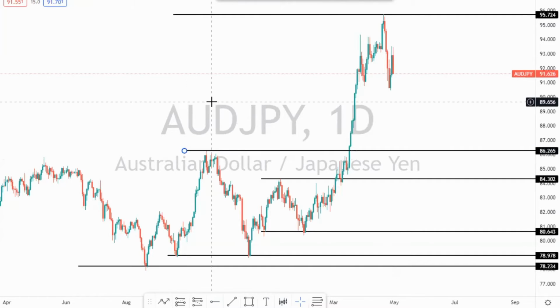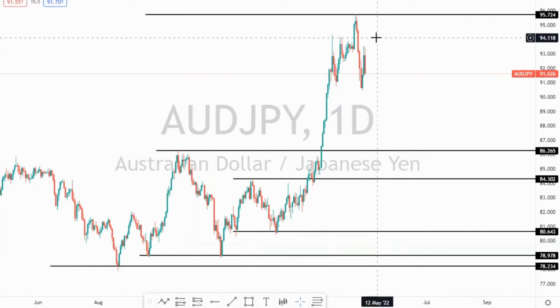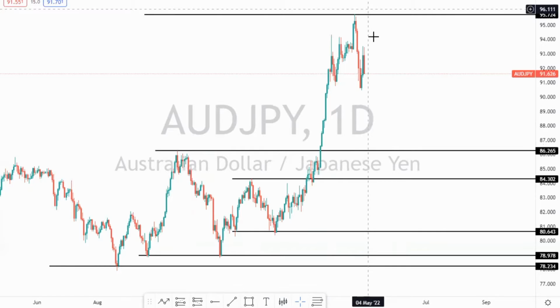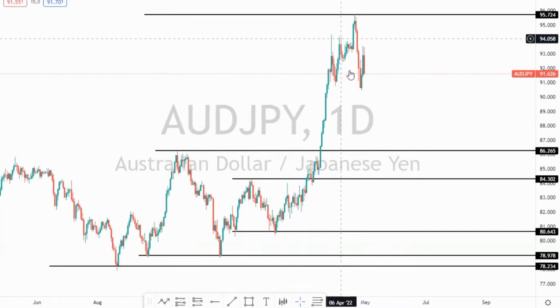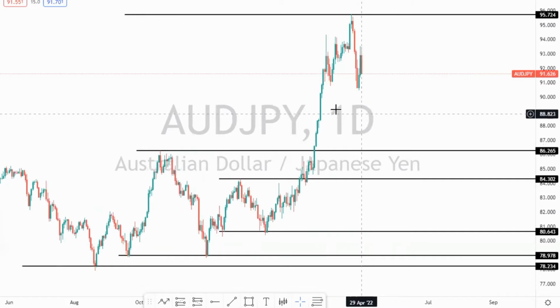So notice one thing: the market broke the highs that we had. So currently we have a new high. So right now I can tell you that this high has not been broken. So I can also see that we had an aggressive impulse to the upside. So with that being said, let's switch the time frame.